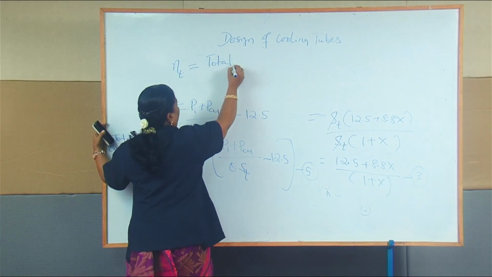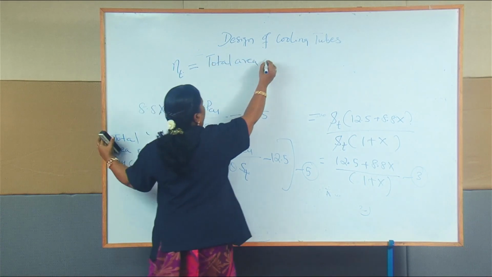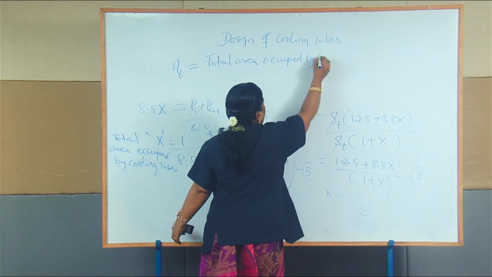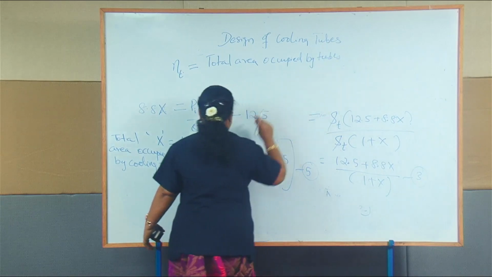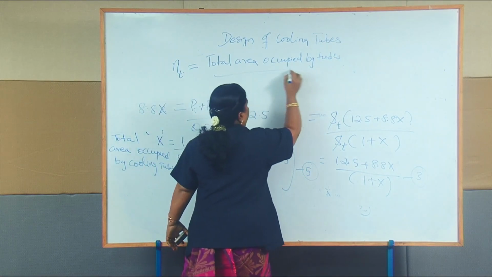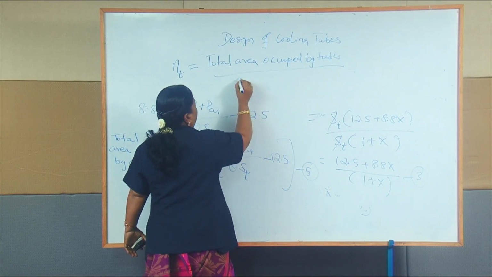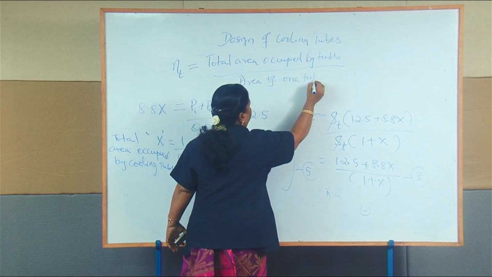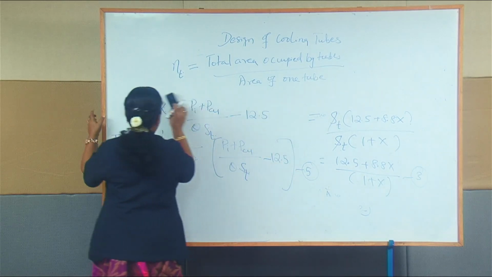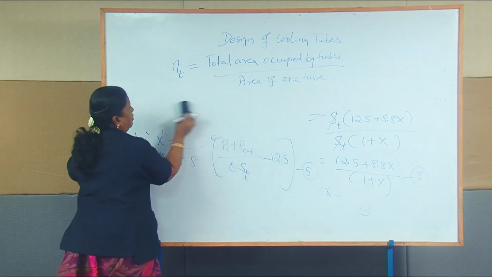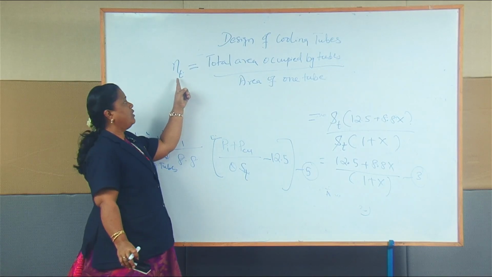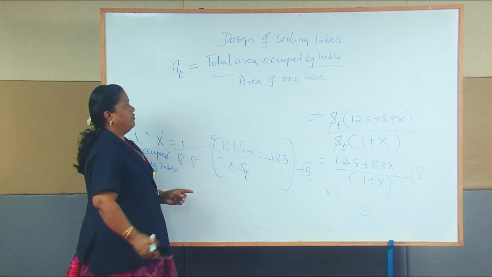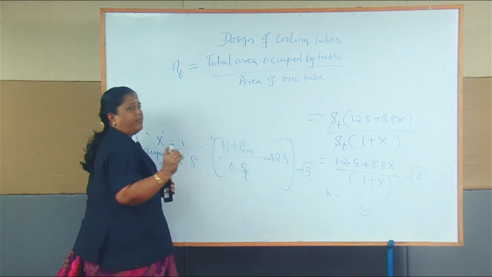Total area occupied by tubes, which we have already calculated in equation 5, divided by the area of one tube. So, this is the expression to calculate the number of cooling tubes. Total area occupied by tubes is equation 5. Area of one tube we have to calculate.